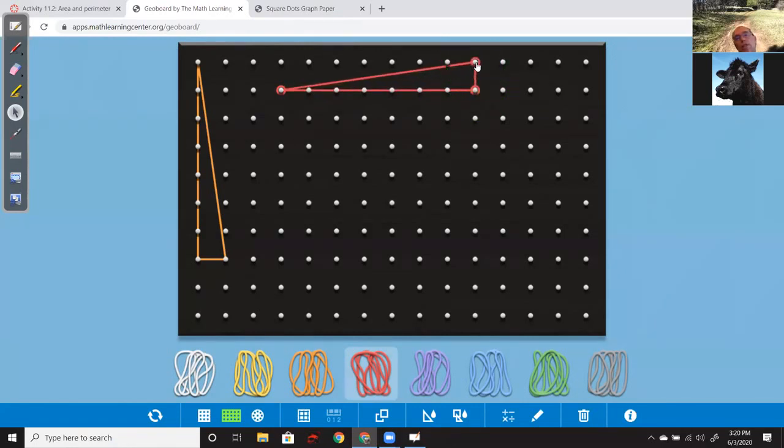So the question is, is this the same triangle as that one, or is it a different one? What do you think? Same or different?